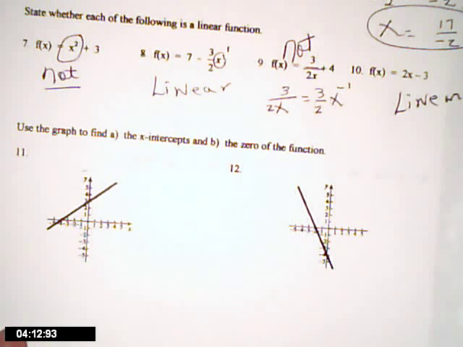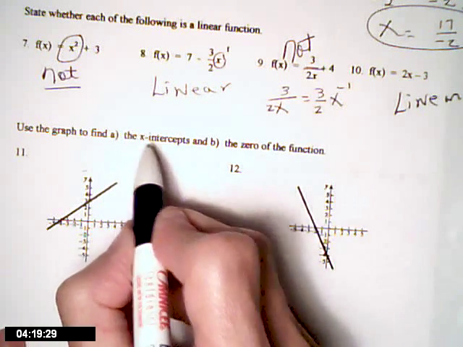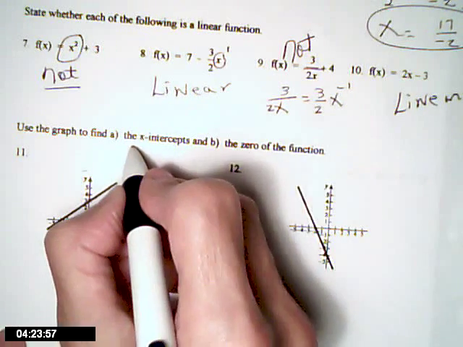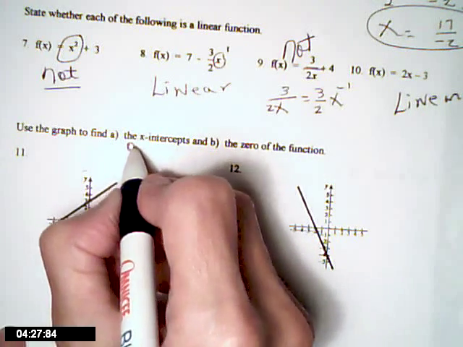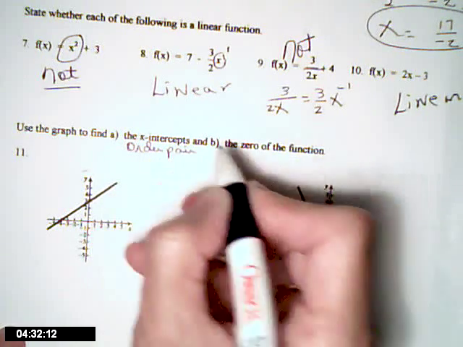Problem number 11 and 12, you'll have problems like this, and I just want you to see the instructions. It asks to use a graph to find the x-intercepts and the zeros. Now remember, x-intercepts is the point where the graph crosses the x-axis. These will be written as ordered pairs.